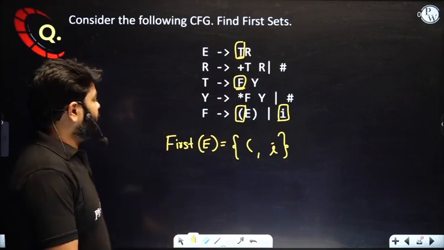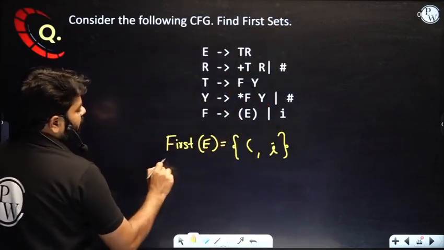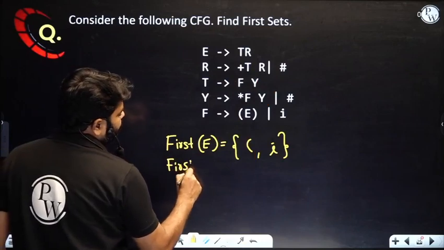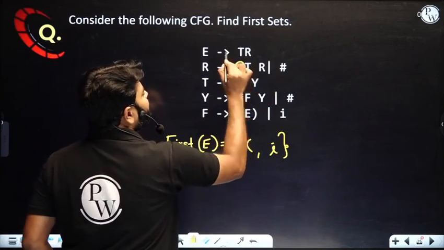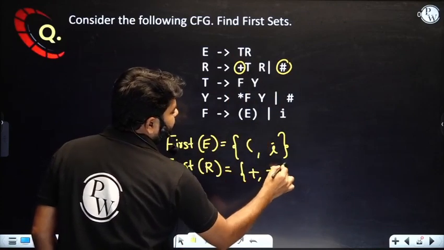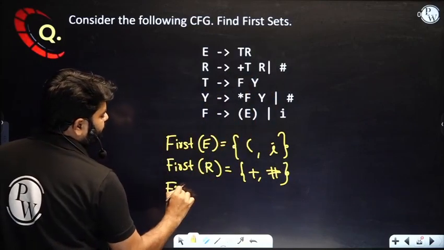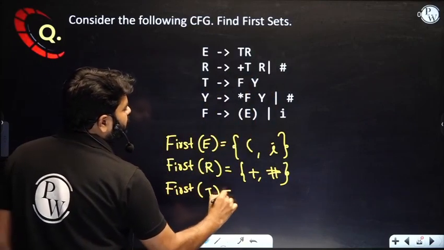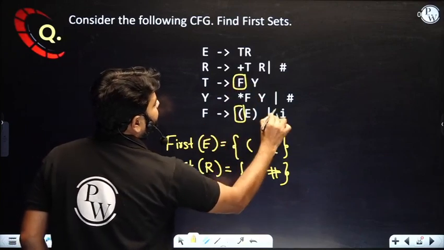Okay. Next, first of R. First of R directly is plus, and epsilon is there, so easy to compute. Next, first of T. What is the first of T? F. What F can do, just now we have seen, right?